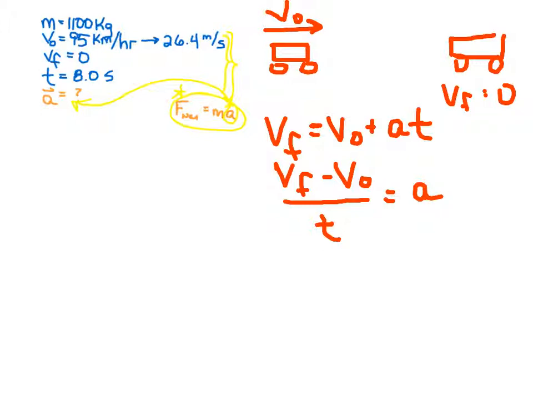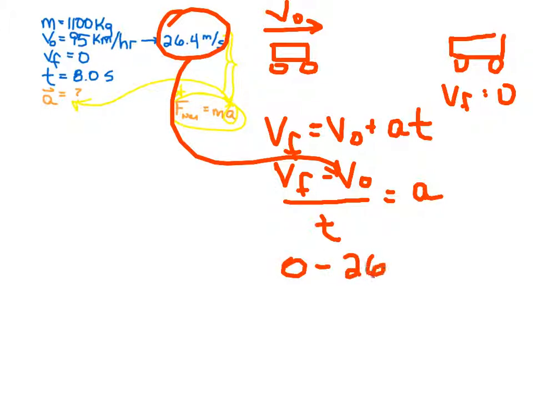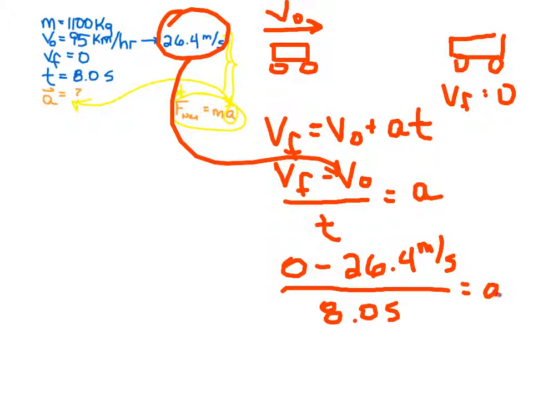Now plugging in these variables, I know that 26.4 meters per second is my initial velocity, not my final, so I get 0 minus 26.4 meters per second divided by 8 seconds is equal to my acceleration.